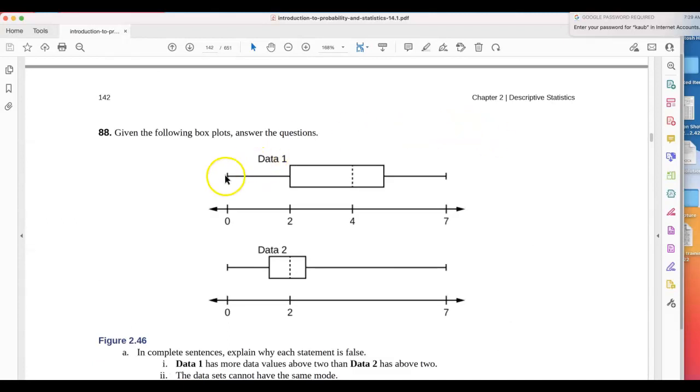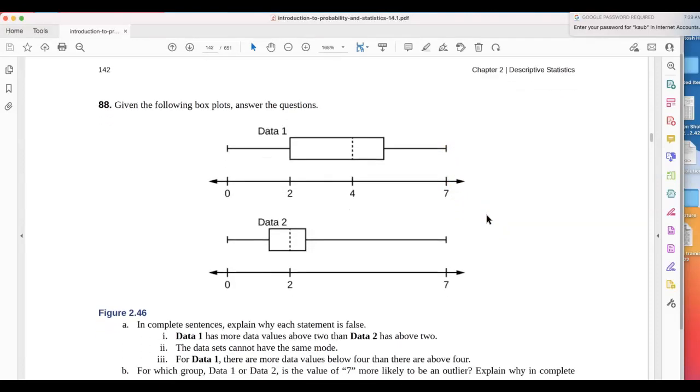So here the minimum is 0, the first quartile is 2, the median is 4, the third quartile is maybe 5.5, I don't know, 5, and then there's 6 here, and the maximum is 7. We can't tell how much data is in this because it's just graphed by percentiles, or percentages. So we don't know that one has more data than the other. We just know how they're spread apart.